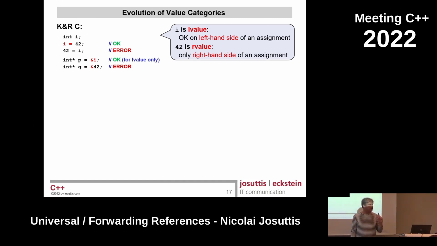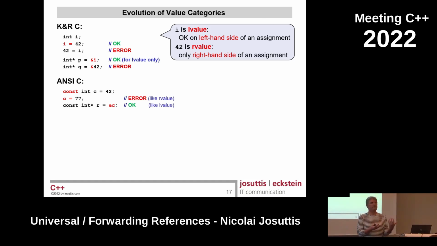A couple of years later, things got complicated because C, the programming language C, introduced const. So now we have something like this, const in C, and it turned out that you cannot assign to it, but you can take the address.